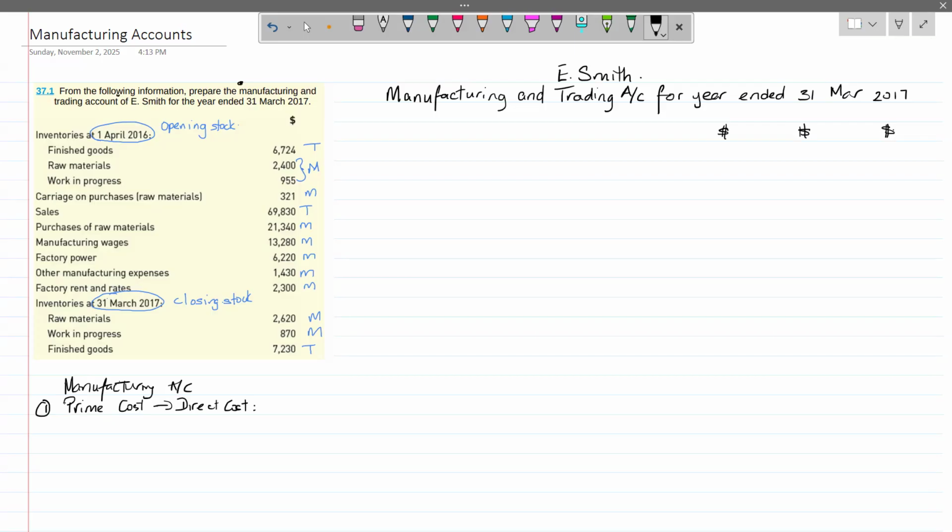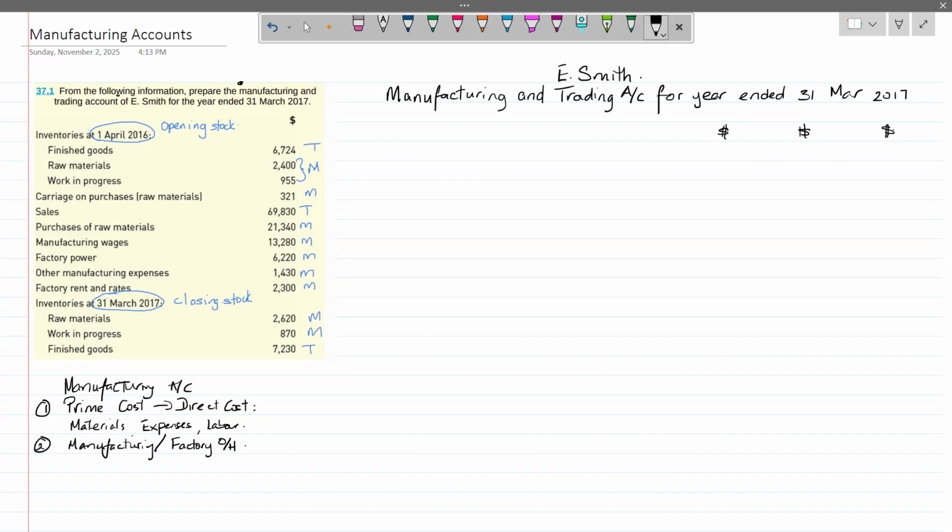And direct costs would include things like materials, expenses, labor. So that will then be adding our manufacturing or factory overheads. We abbreviate it OH.